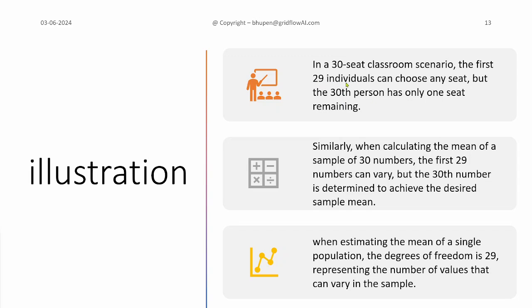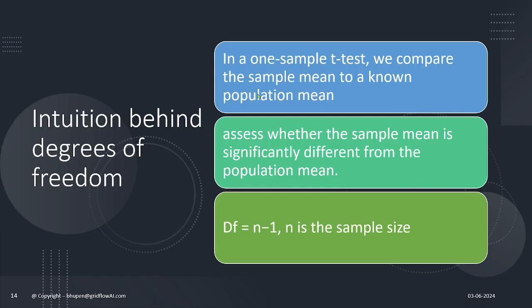So essentially, we have 29 which are free, meaning they have more options to choose. The last one doesn't have options except the last remaining seat. So we call the number of values which are free to change the degrees of freedom. And that's why in our case we have n1 and n2.